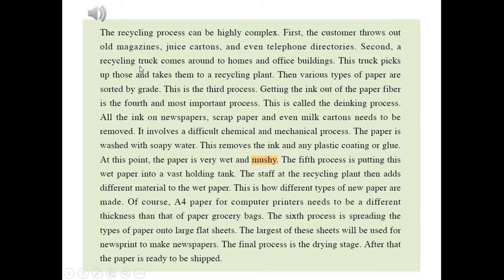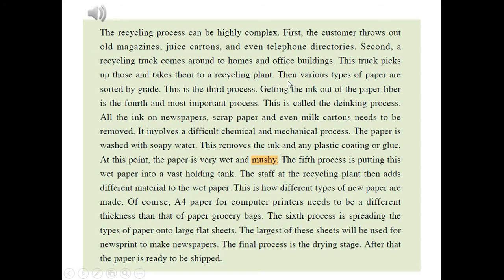You can see that anywhere, even here in Thailand. There is a recycling truck that will get those old papers and take them to a recycling plant. Here in a recycling plant is where the recycled paper will be made. So the third process is the various types of papers are sorted by grade.